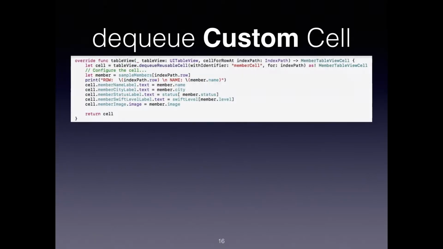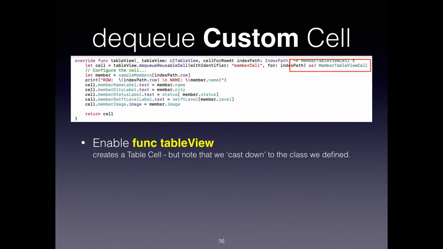So this is the dequeuing conversation that we just went through. Very important point I didn't mention. Remember when we created the controller for the cell, we gave it a unique name. We called it member table view cell.